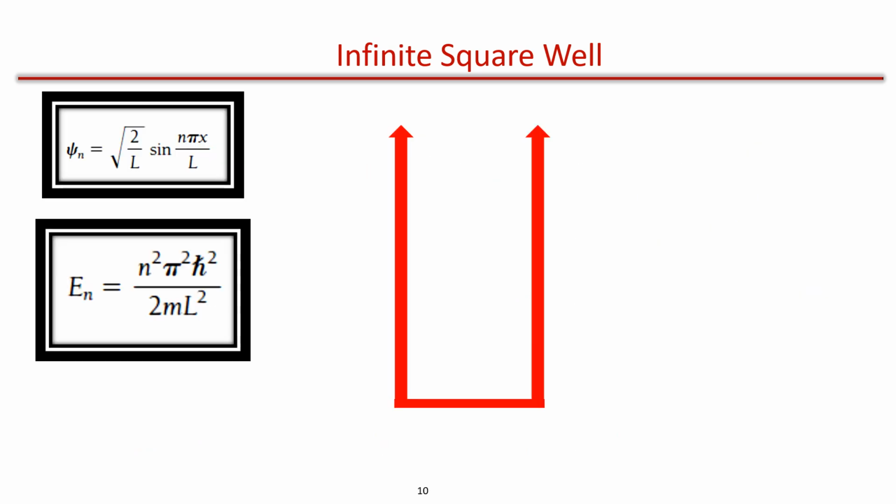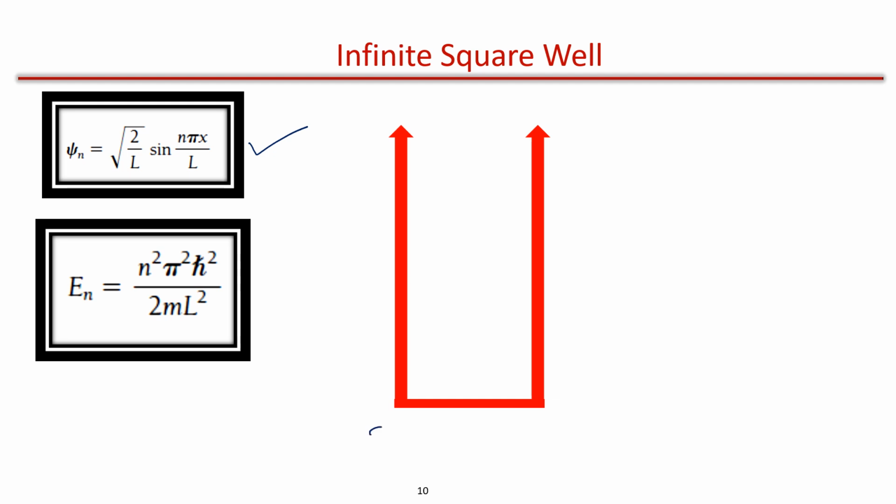Now, we have obtained the wave function, that is psi n is equal to root over 2 by L sin n pi x by L, and En is equal to n squared pi squared h cross squared by 2 m L squared.